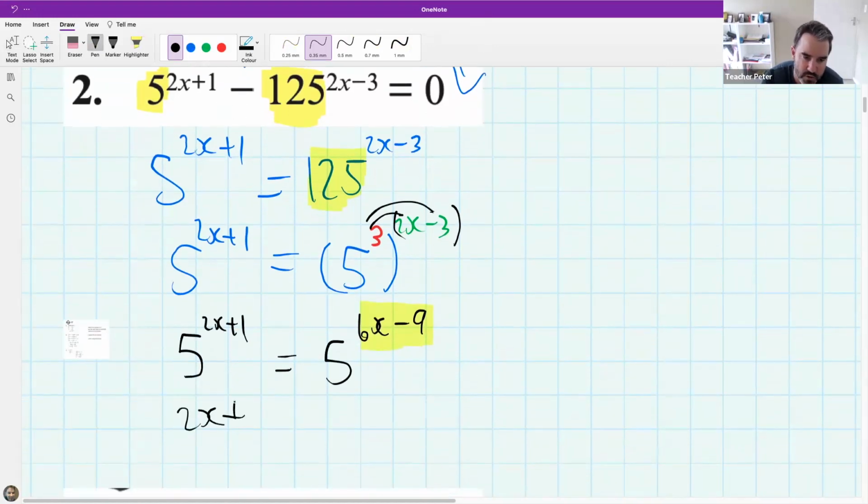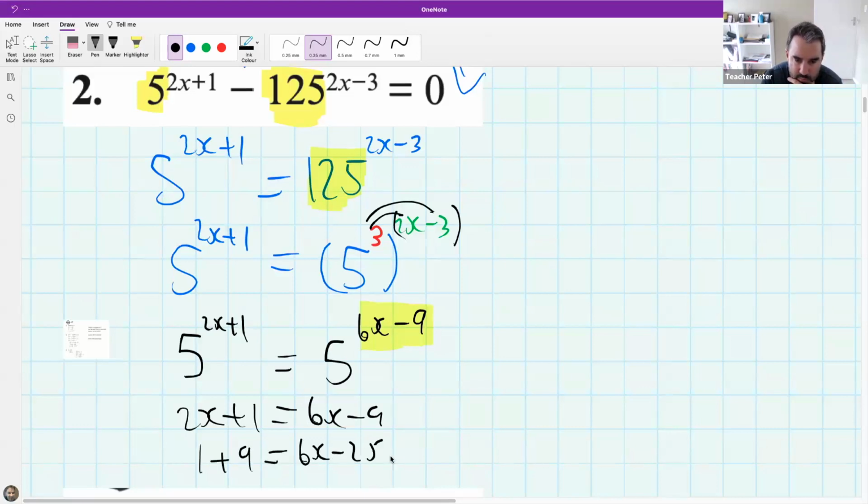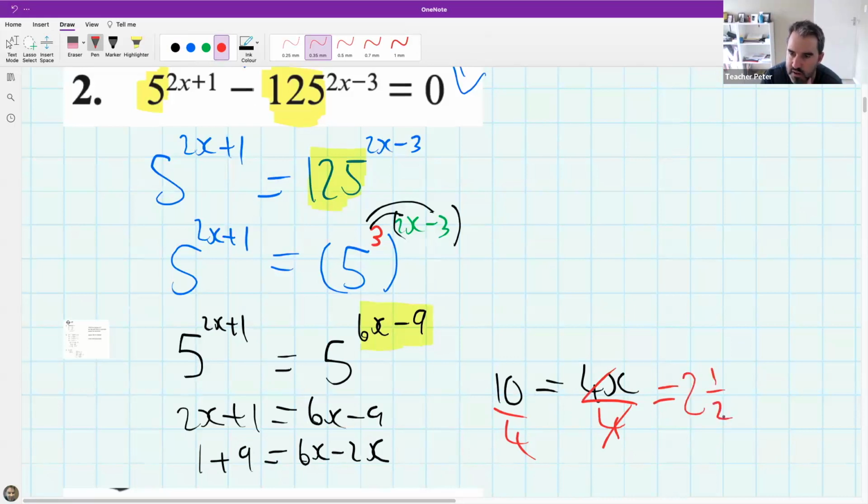So therefore, 2x plus 1 equals 6x minus 9. And then if I bring the 9 across, I get 1 plus 9 equals 6x minus 2x. And then I'm going to have 10 equals 4x. And then I'm going to divide both sides by 4. And then x should be 10 over 4 or 2.5.